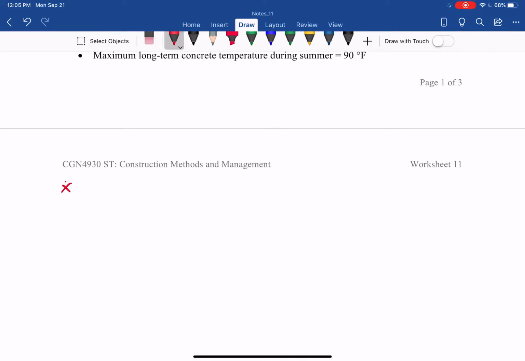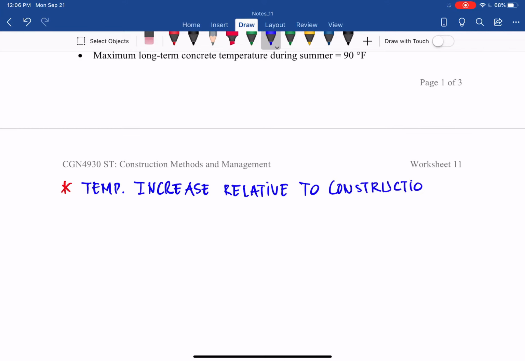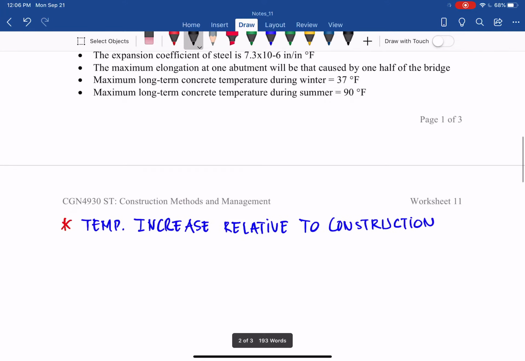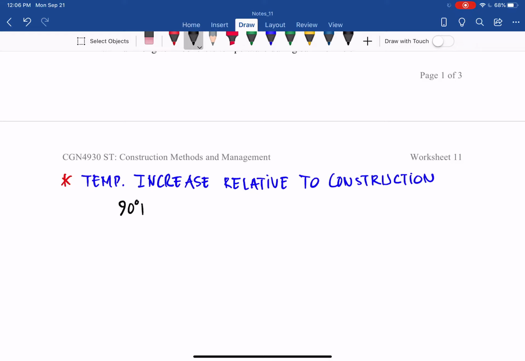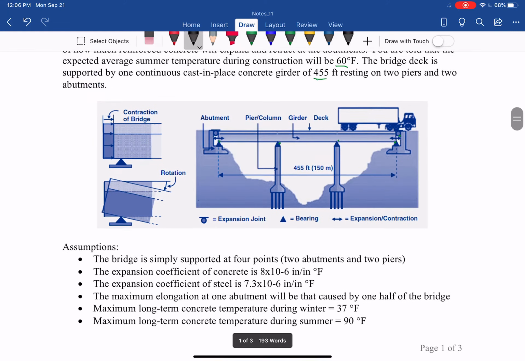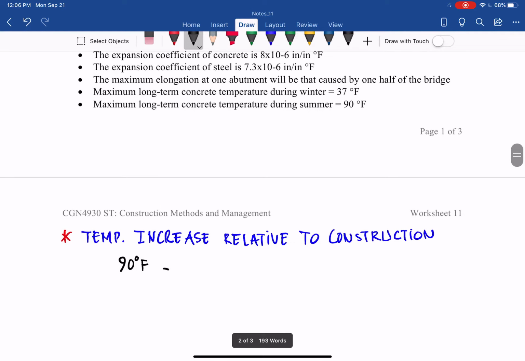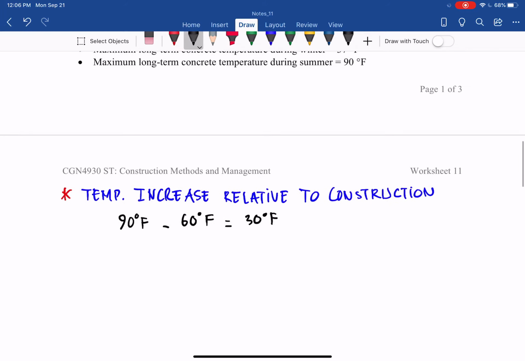First, find the temperature increase relative to construction. The long-term temperature during the summer is 90 degrees. During construction, the average is 60 degrees. So we have 30 degrees for the temperature increase.